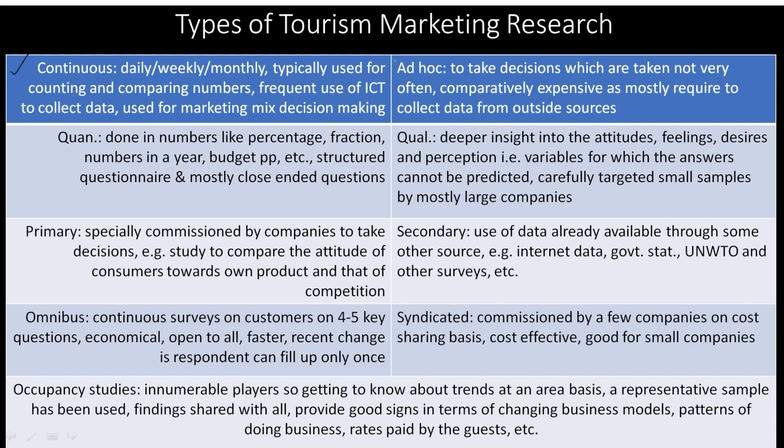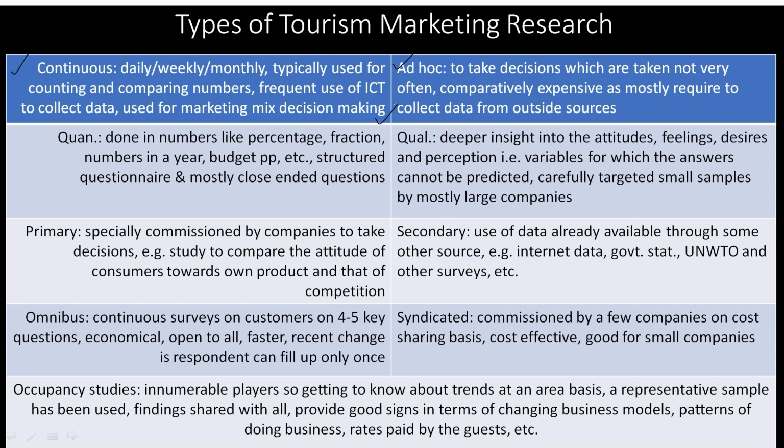Now, the next type of research is ad hoc. Continuous research is done on a daily, weekly, monthly basis, while ad hoc research is done when the decisions to be taken are not very frequent. They are occasional. Like I told you, in continuous research, sales are checked on a weekly basis.